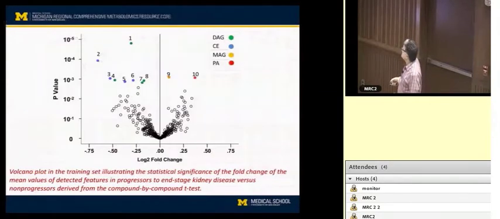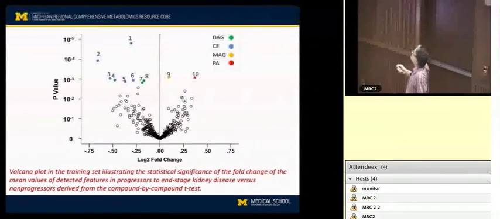So this is the forest plot of the 510 lipids, and these are the top 10. And as you can see, they are mainly consisting of diacylglycerols and cholesterol esters.